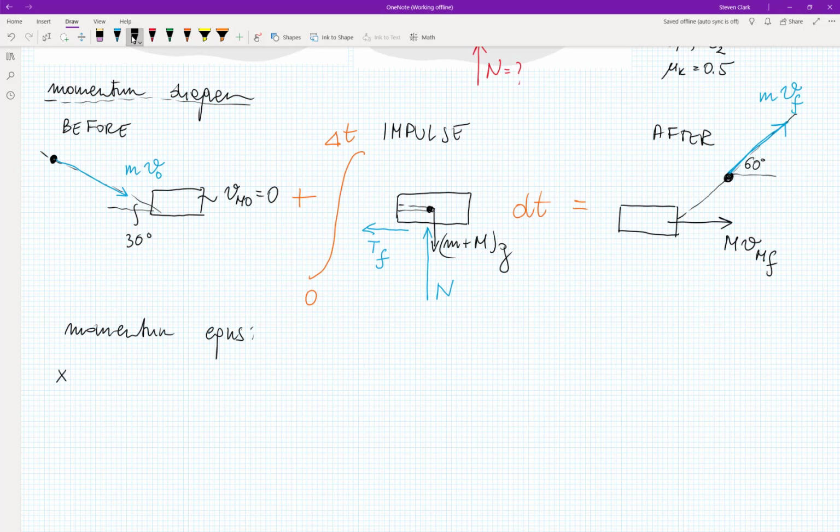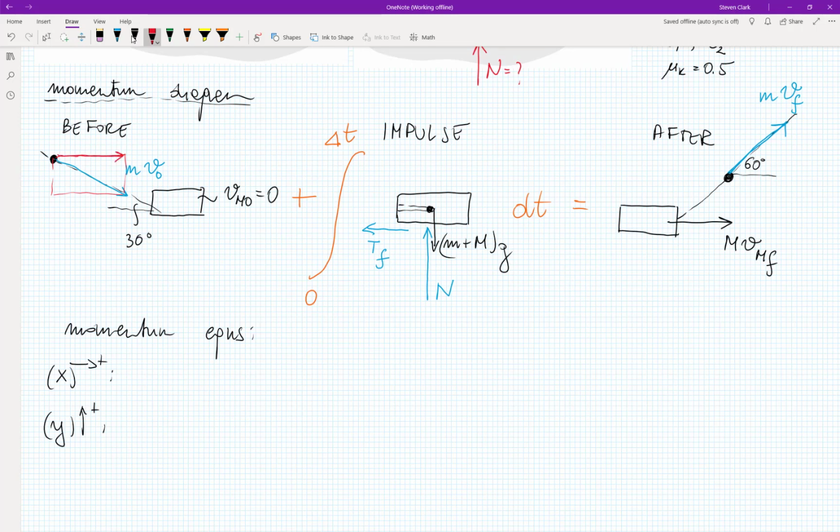And again, let's write them in the x direction and in the y direction. So what do we have in the x direction? We should do some projections here, right? So let's do it quickly.